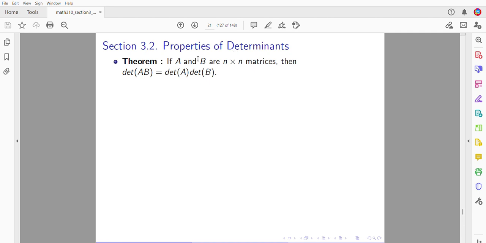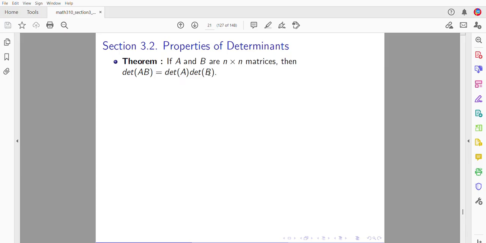We can't define determinants for non-square matrices. The reason I'm pointing it out is that if A and B were non-square, you can still get by multiplication a square matrix here. But here, to even calculate determinant, you need square matrices.